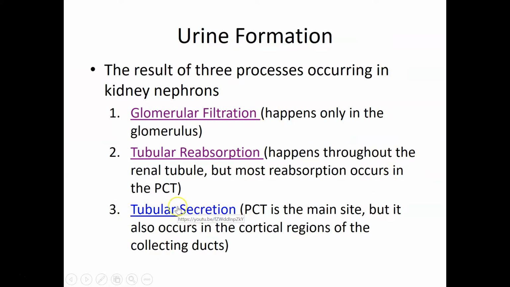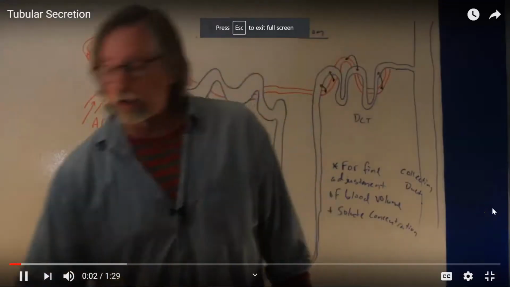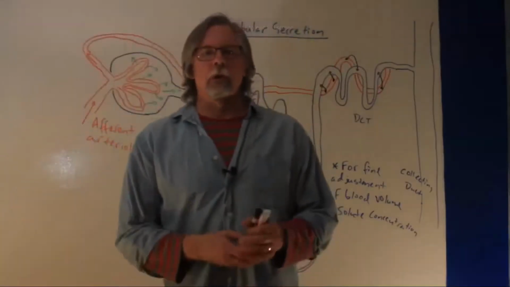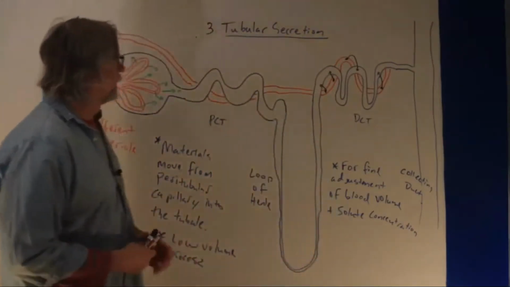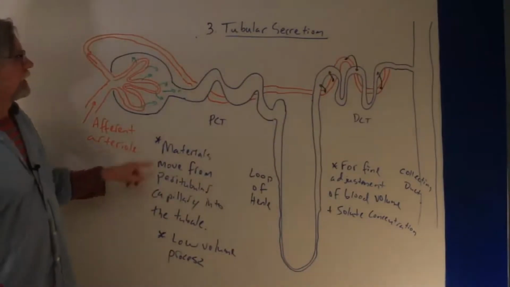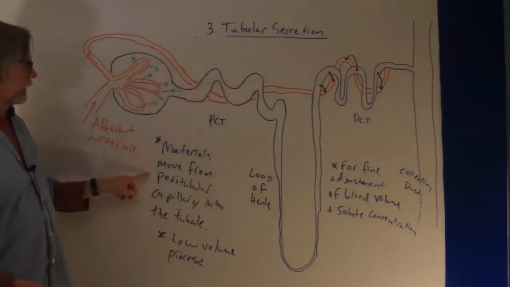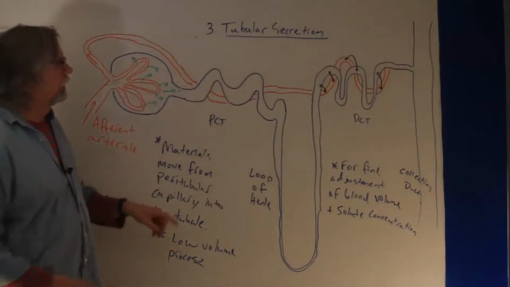Let's look at the third and final process called tubular secretion. All right, the third process that happens in urine formation is called tubular secretion. Tubular secretion moves materials from the capillaries, the peritubular capillaries, into the tubule.